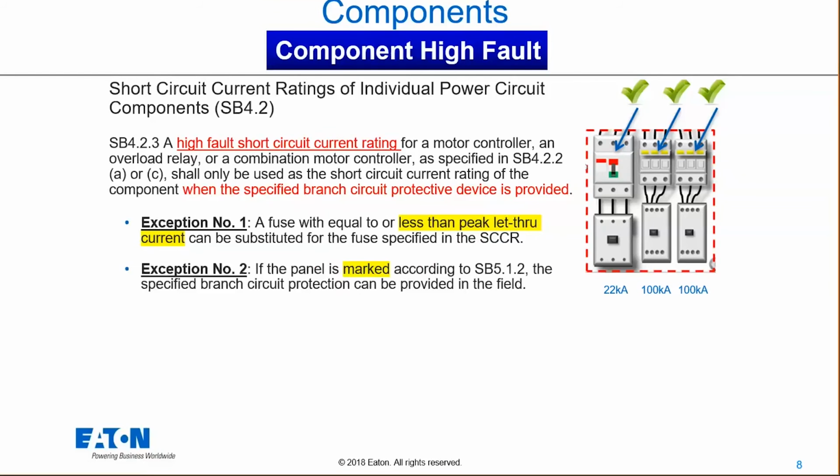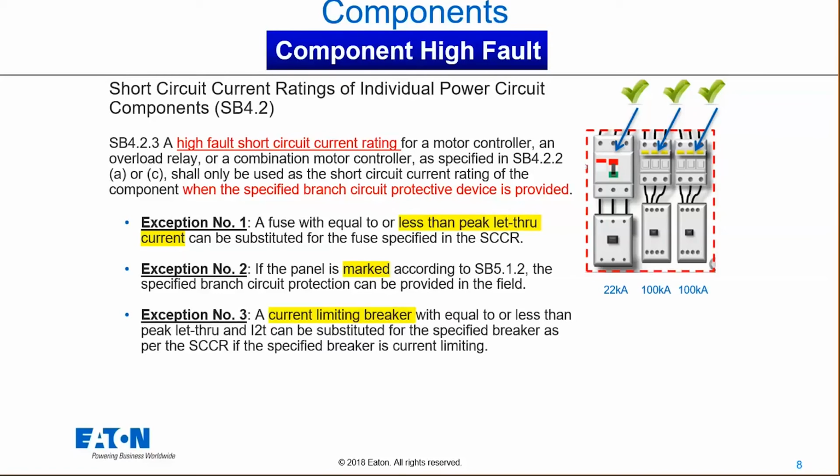Exception number 2, if the panel is marked according to SB 5.1.2, the specified branch circuit protection can be provided in the field. So now I don't necessarily have to put it in the panel itself, but I do have to make sure that I mark my panel properly, and I say on the outside that the overcurrent protective device feeding this branch must be a particular device.